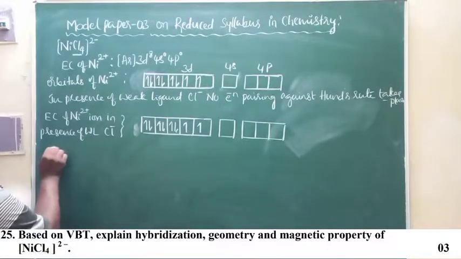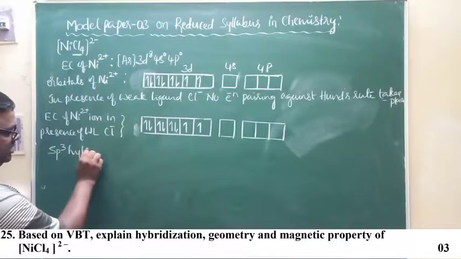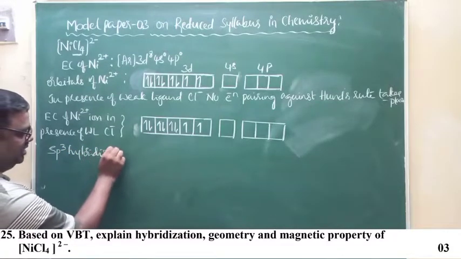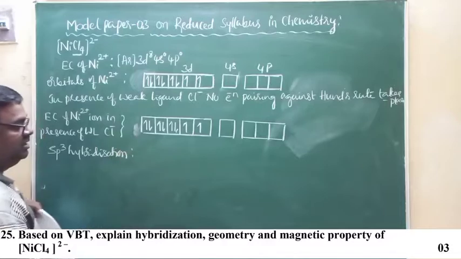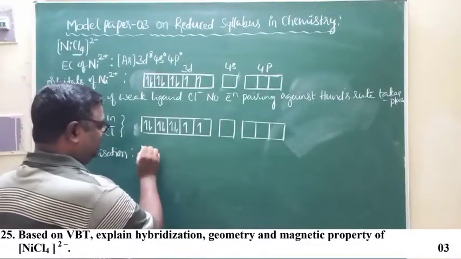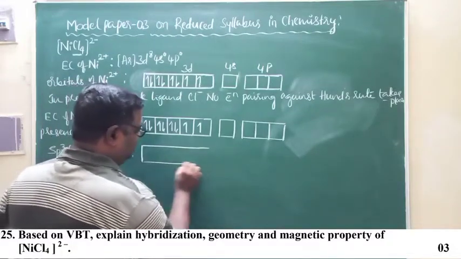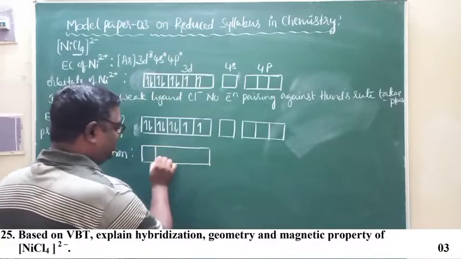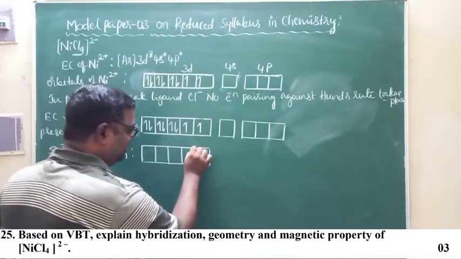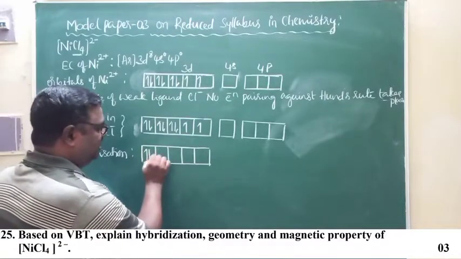That results in sp3 hybridization. The d orbitals do not take part in hybridization because all the d orbitals are occupied by electrons.